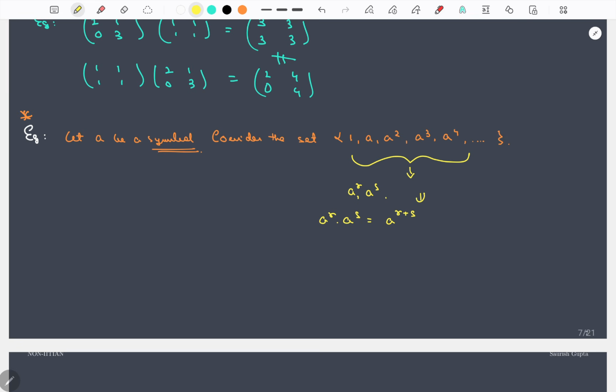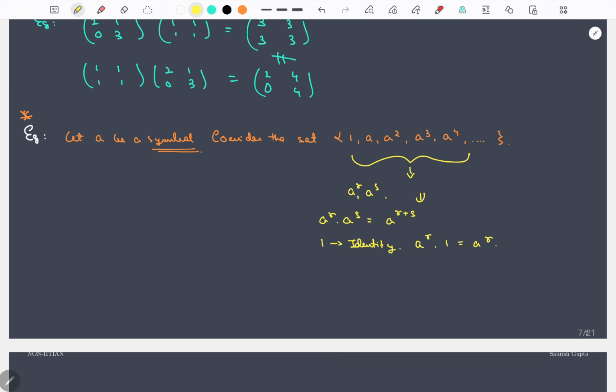Associativity is trivial in this case. 1 will act as my identity element here, because if you take any A to the power R times 1, you will get back A to the power R.